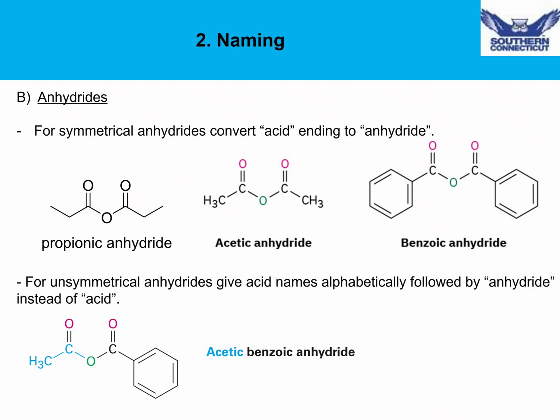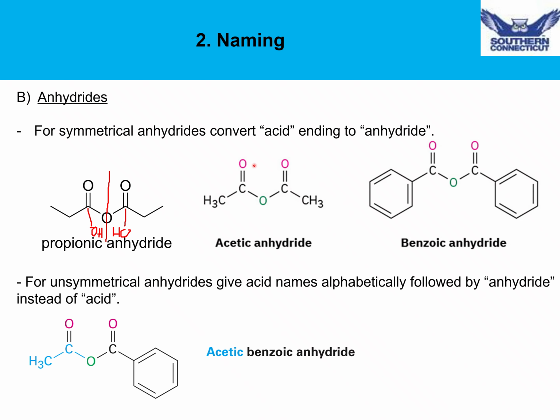So again, imagine splitting this anhydride down the middle and turning this carbonyl into a carboxylic acid, which would look something like this. The same thing happens on the right side since it is a symmetrical anhydride. So if we ignore the oxygen in the middle, there are two molecules of propanoic acid hidden within this anhydride. And so we would name this compound as propanoic anhydride rather than propanoic acid.